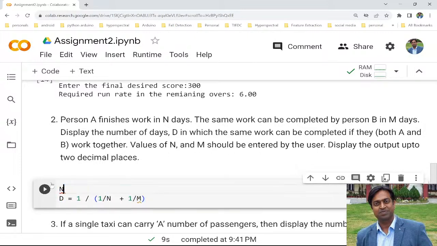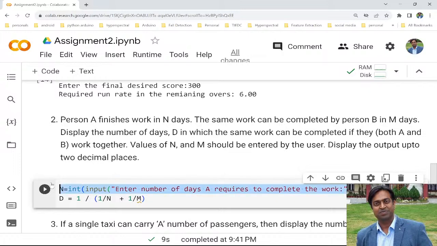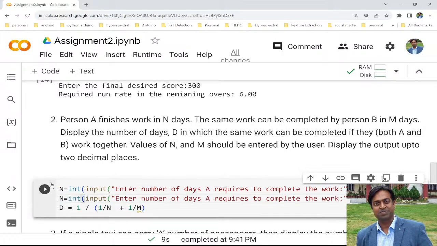So first, I ask the user to enter the number of days with input: enter the number of days A requires to complete the work, and similarly for m, enter the number of days B requires to complete the work.